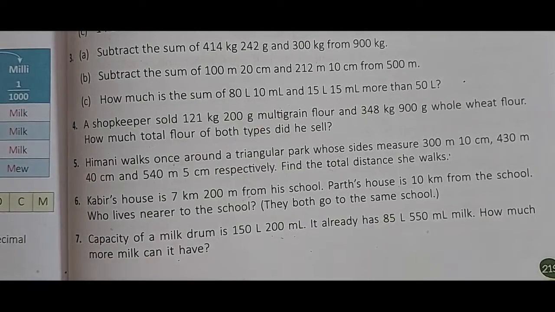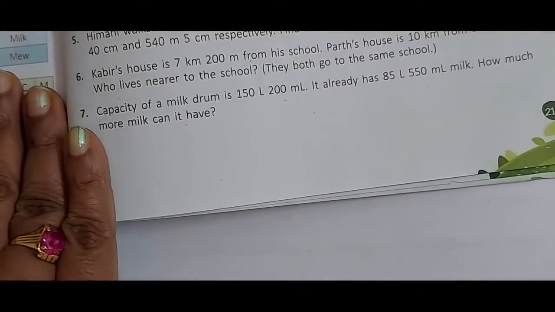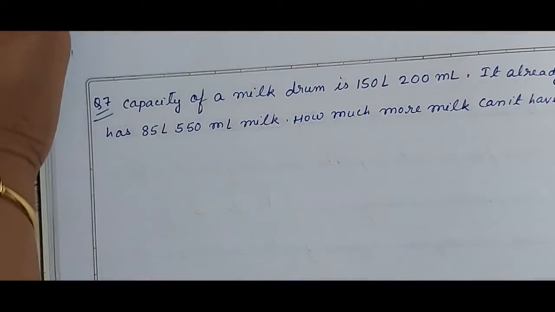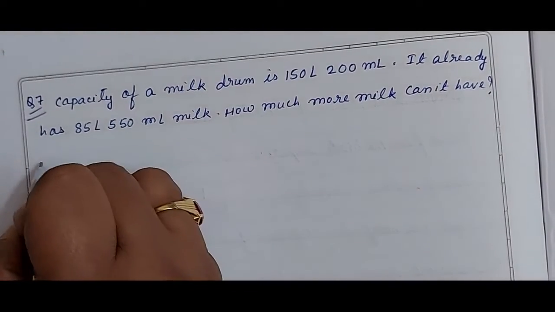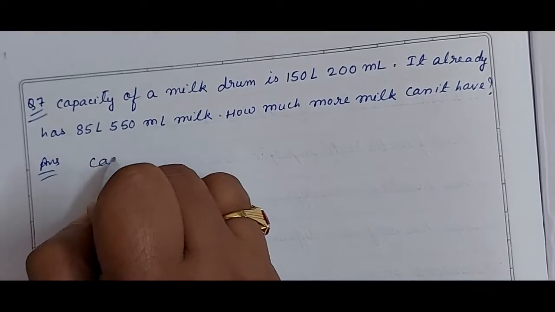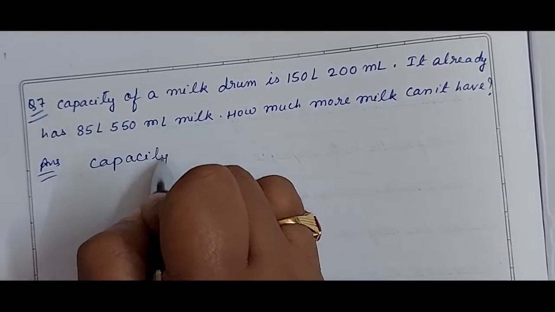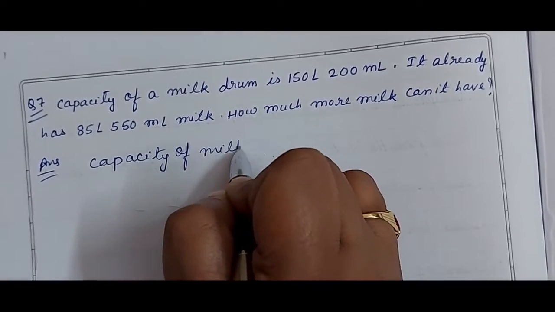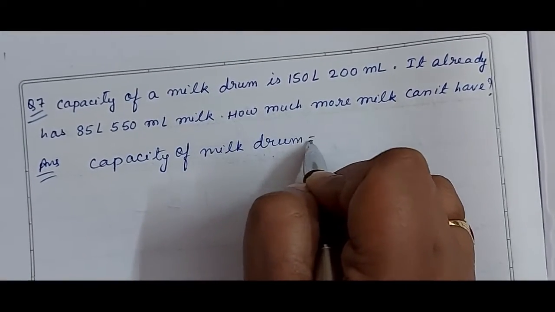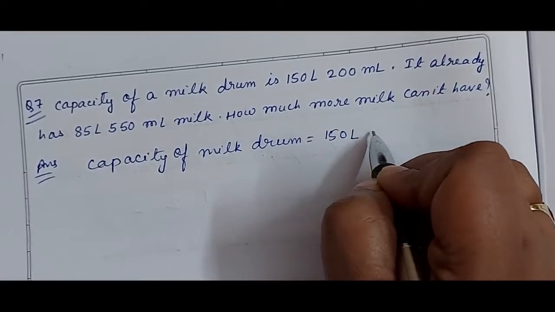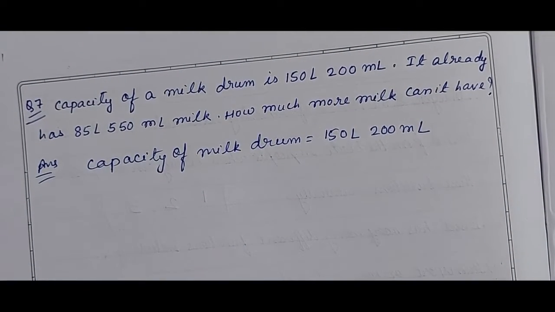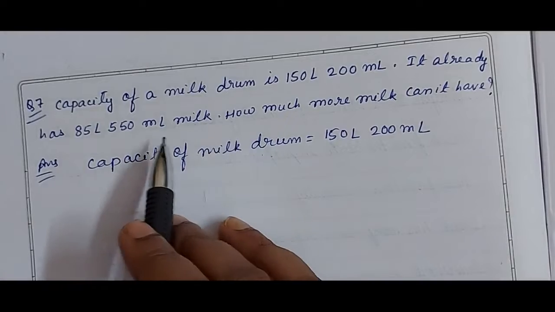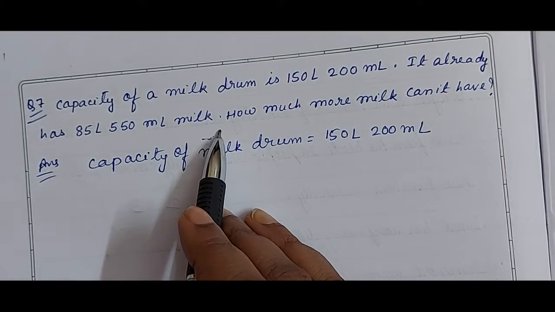See here, the capacity of the milk drum is there with you, 150 liters 200 ml. Now it already has this much, 85 liter 550 ml.